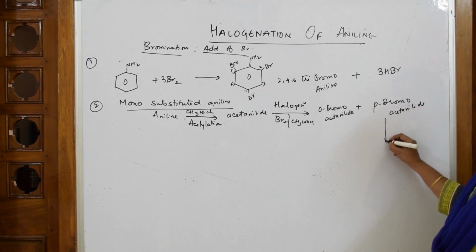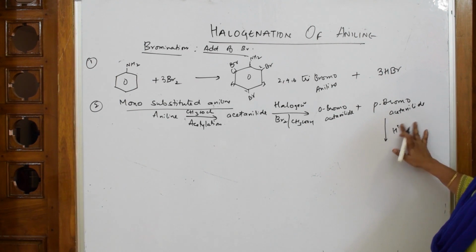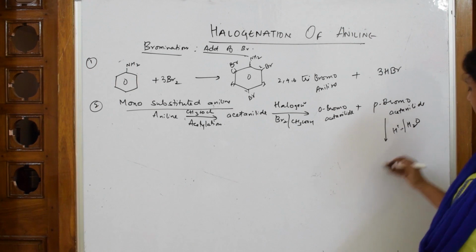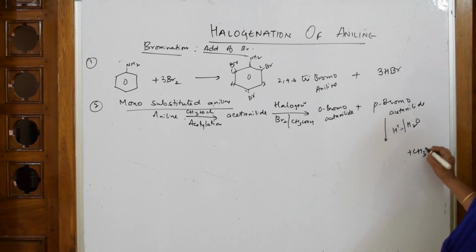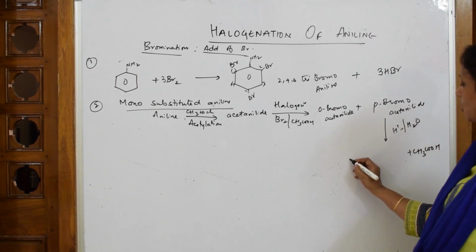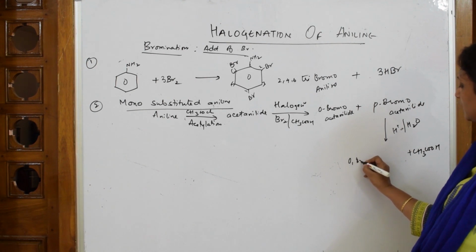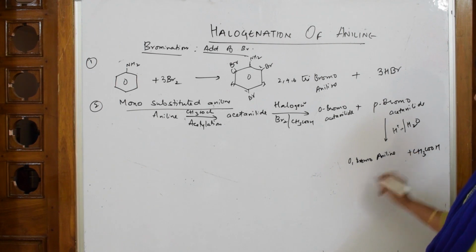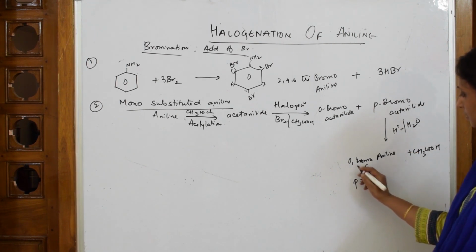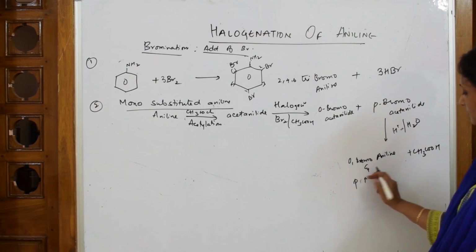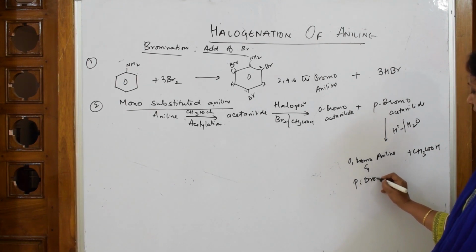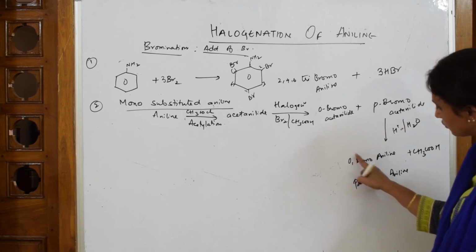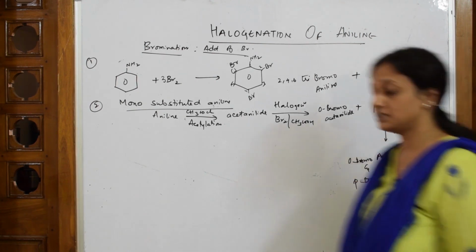On further hydrolysis, the acetic acid comes out and you get orthobromoaniline and parabromoaniline. Okay, this is your thing. So let us write orthobromoaniline. This is your compound.